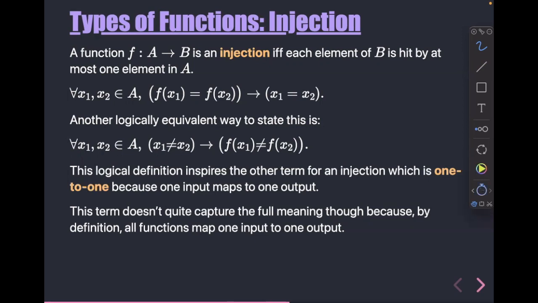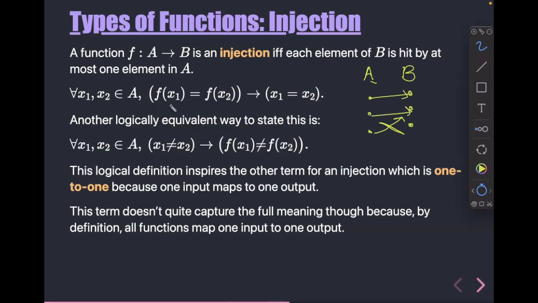So if I were to say this logically, for all x1, x2 in A, if f of x1 equals f of x2, then x1 equals x2. So this is the idea that if you have these two sets, A and B, every element in A should be pointing to exactly one element in B, and you're not going to have two elements pointing to the same thing in B, right?